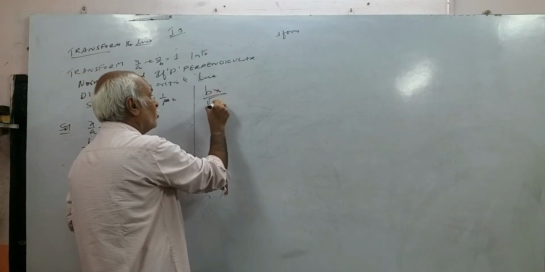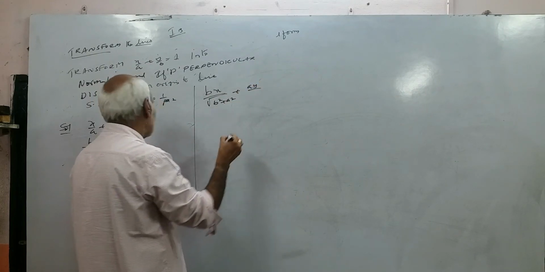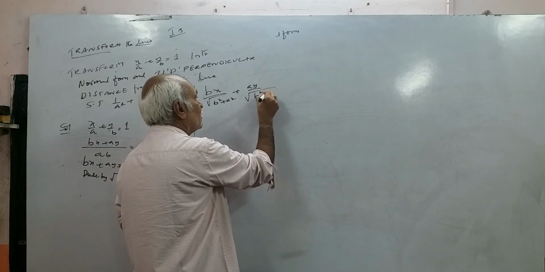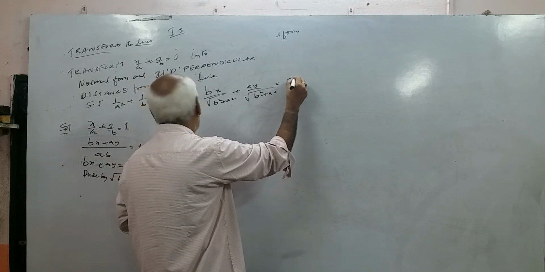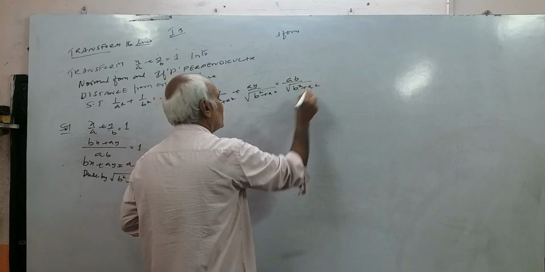Bx by root of b square plus a square, ay by root of b square plus a square is equal to ab by root of b square plus a square.